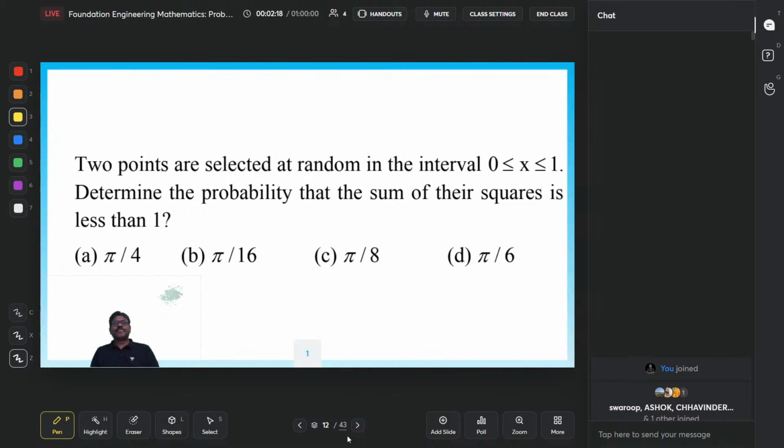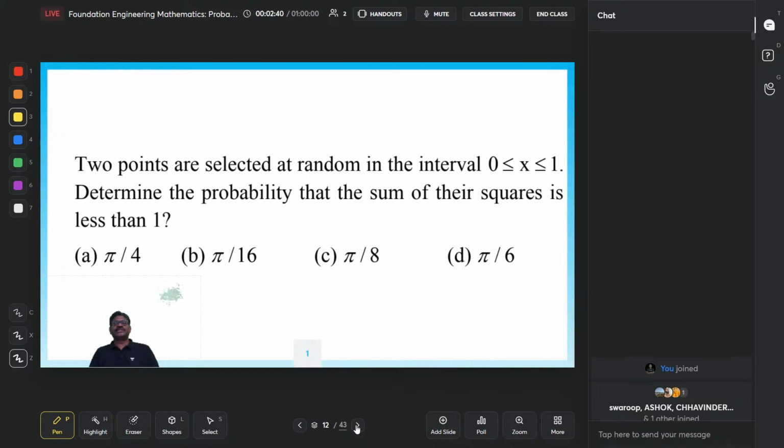Welcome to the Foundation Engineering Mathematics. Today our discussion is on probability and statistics. Two points are selected randomly in an interval 0 to 1.